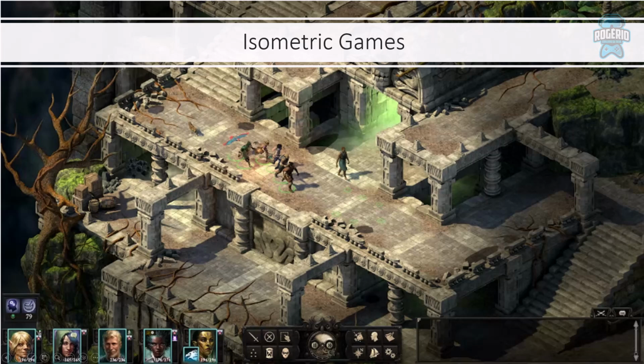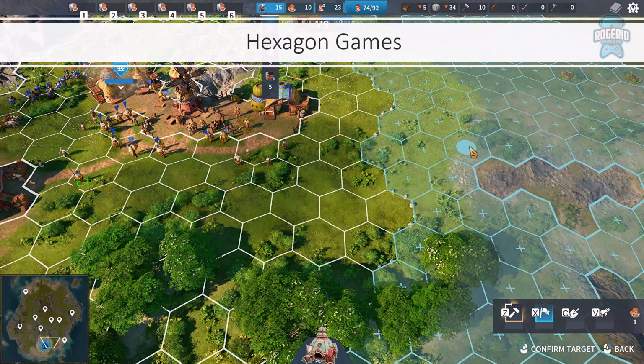And yet another variation of this same principle is what we call hexagon games. And again, we have all the tiles rendered at an angle. The main difference between this one and the previous ones is that in an isometric and a top-down game, we have what we call neighborhood 4. Neighborhood 4 means that each tile is connected to 4 other tiles: the top, bottom, left, and right.